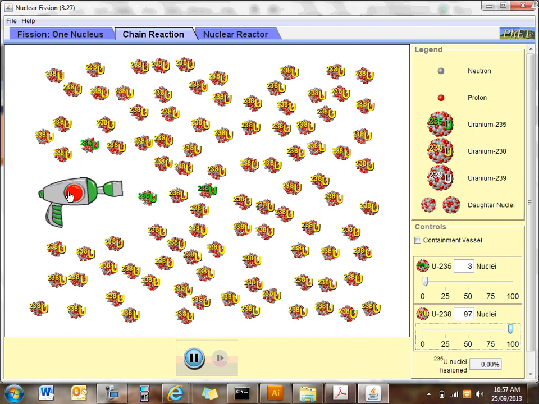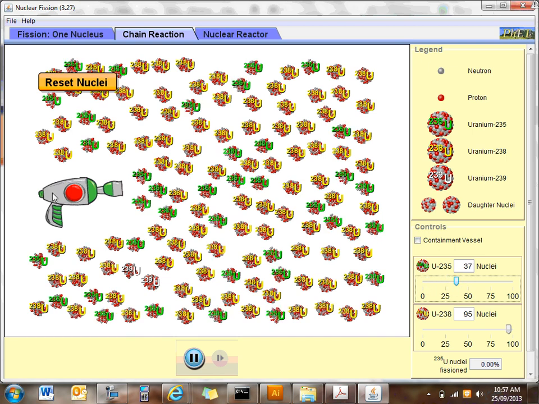So we fire a neutron. We haven't got a chain reaction occurring there. Okay, what we have to do is increase the proportion of U235, and we might see a chain reaction occur. Okay, the chain reaction starts, but doesn't keep going. Try again.